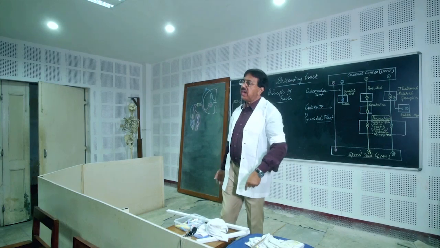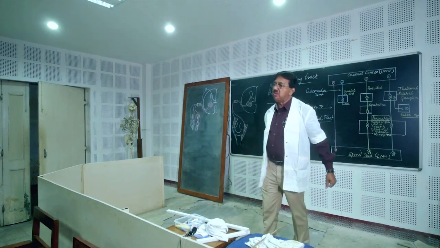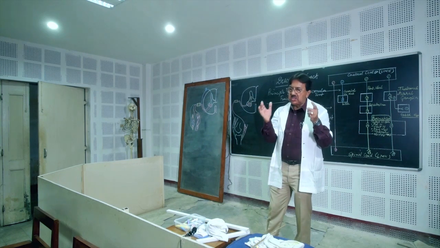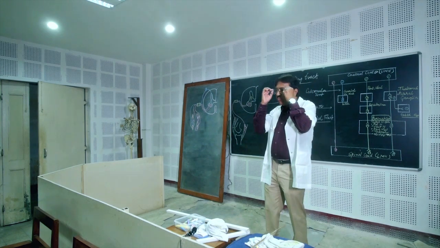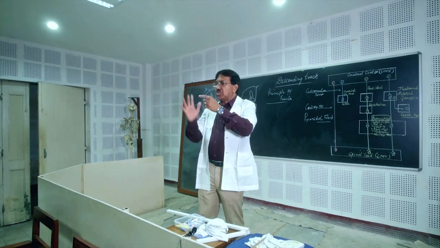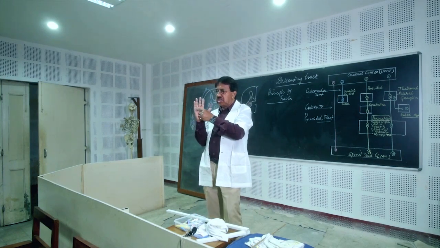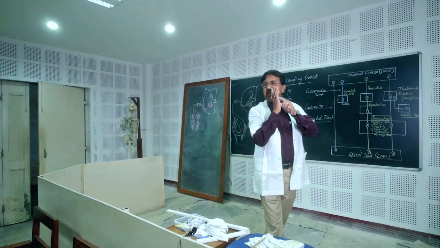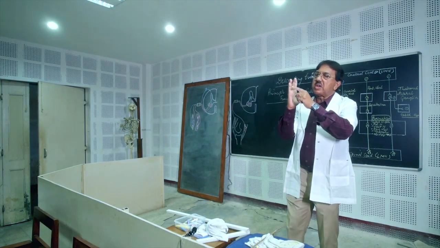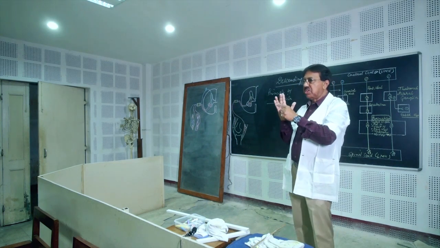Along with that, when we execute a particular kind of movement in the body, what does it require? That is coordination of the muscle movement. So number 1, contraction of skeletal muscles, number 2, maintenance of the muscle tone at least at the minimum level, number 3, coordination of the muscle movements.